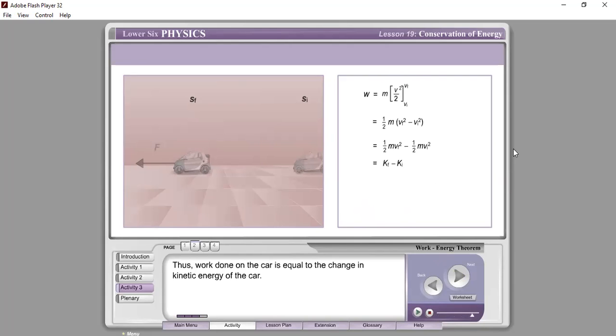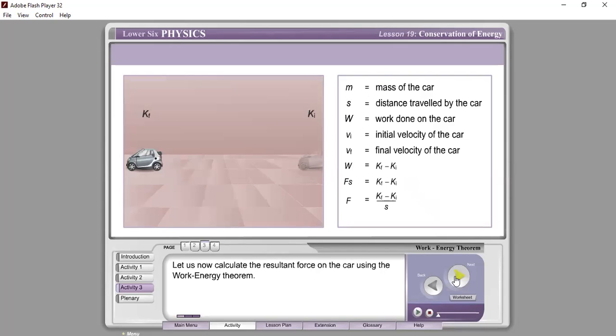Thus, work done on the car is equal to the change in kinetic energy of the car from one position to another. Let us now calculate the resultant force on the car using the work energy theorem.